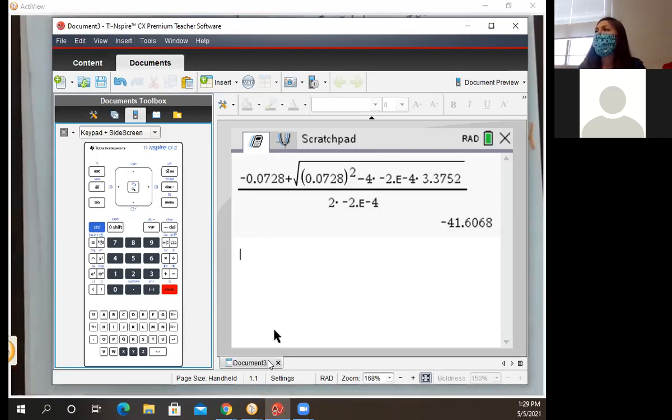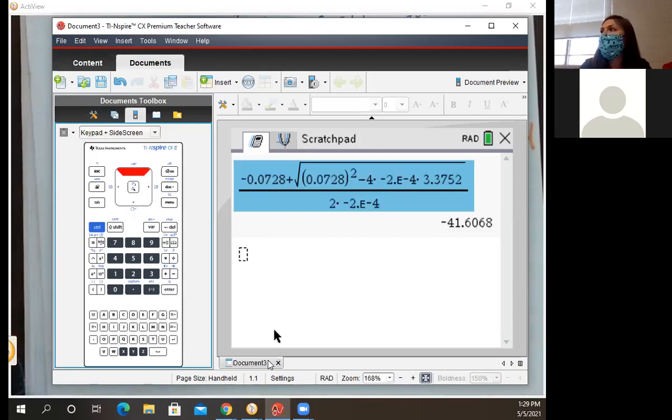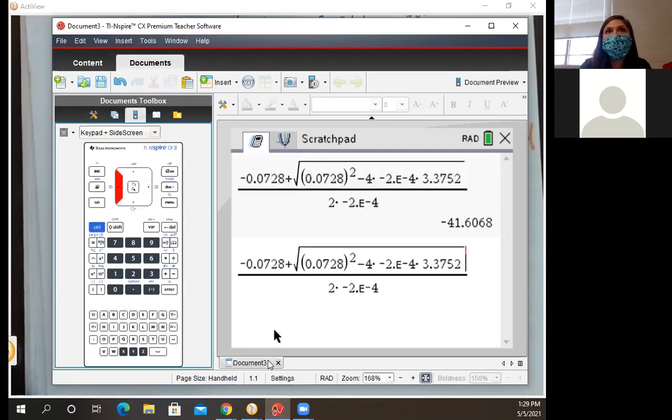And now I need to do the same thing with just the minus sign. The good news is you don't have to type it in from scratch again. Here's what I want you to do. Arrow up until you've highlighted your quadratic formula. Hit enter. And then arrow back in your quadratic formula until you get to the plus sign. Change it to a minus sign.